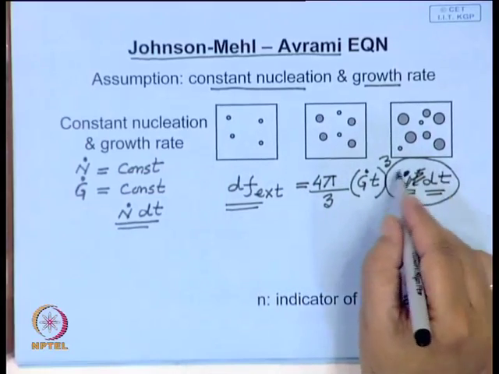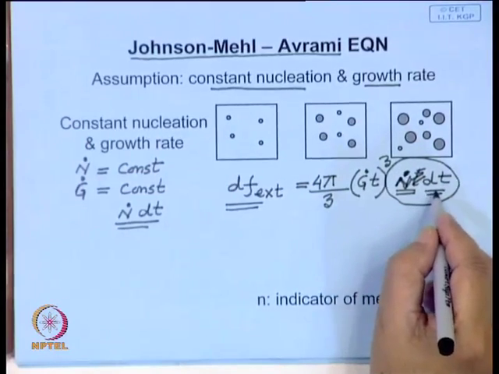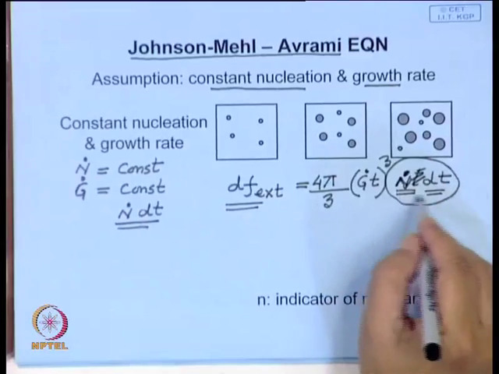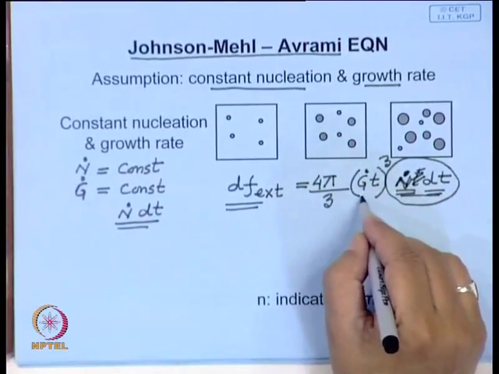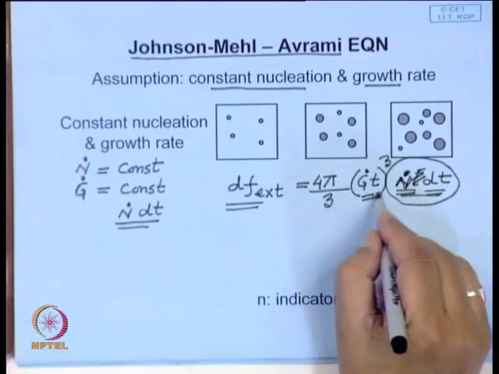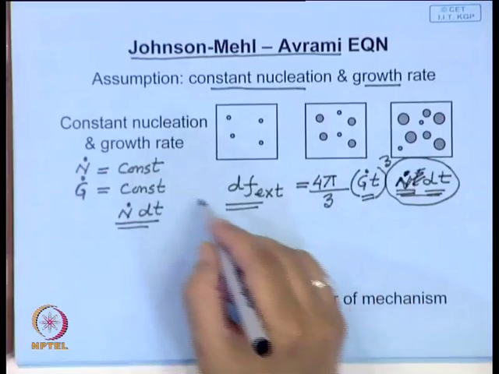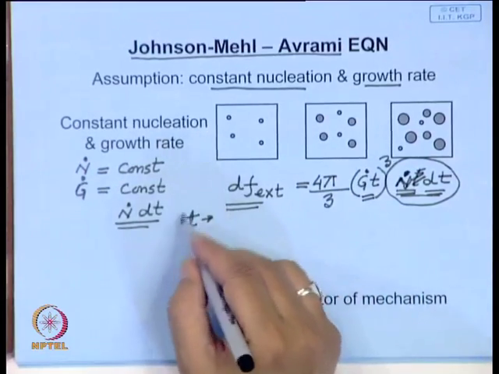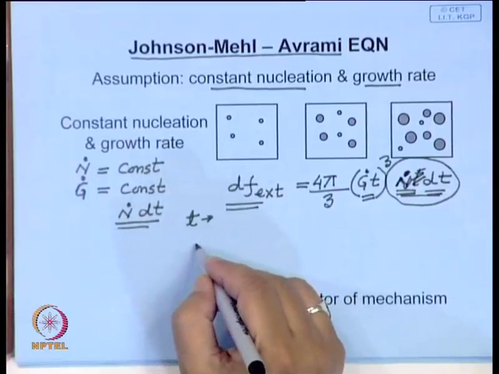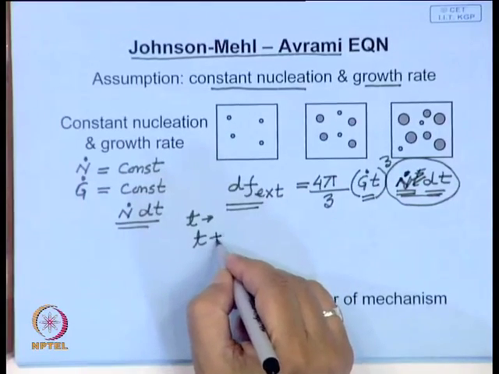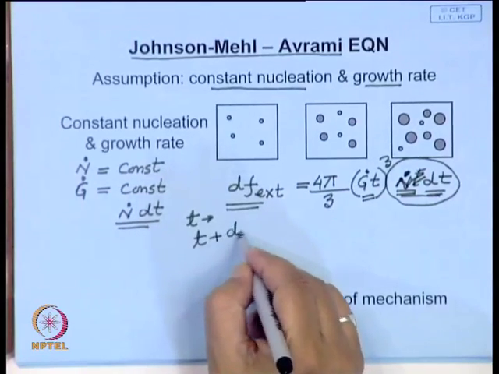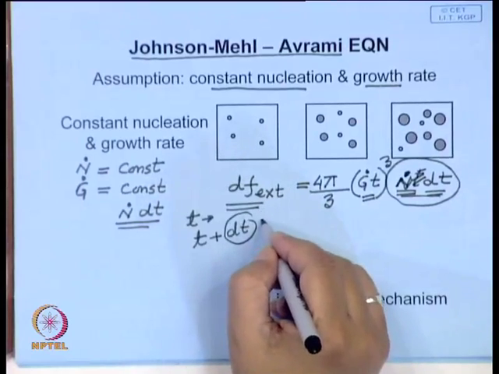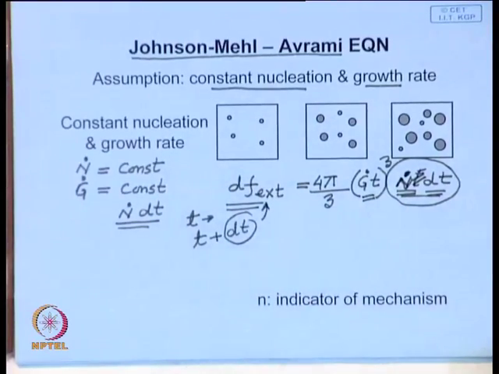This is the total number of nuclei which will be present at time dt, right in the initial stage there are so many nuclei, and this is the average size of those nuclei within that small time t we are considering, and at time t you have a certain number of nuclei, and at time t plus delta t, the volume fraction will increase by this amount.